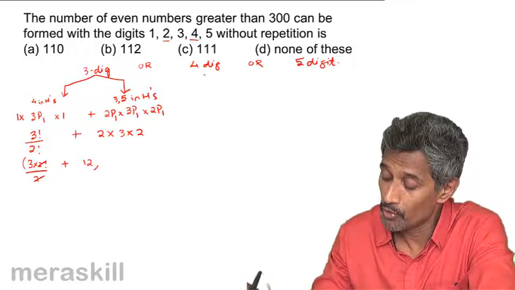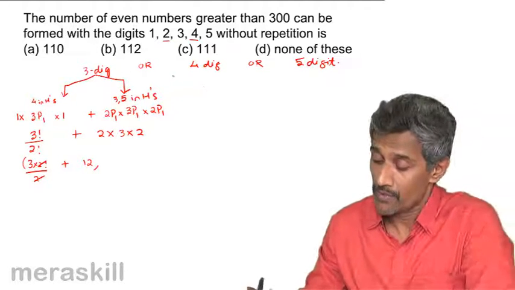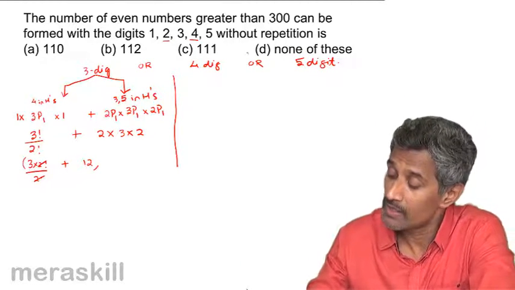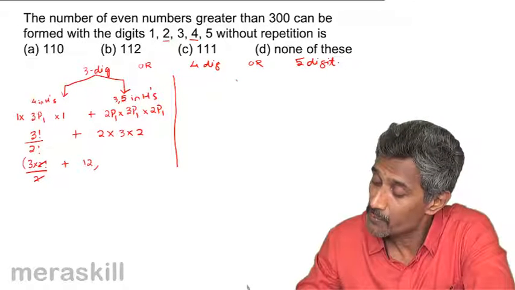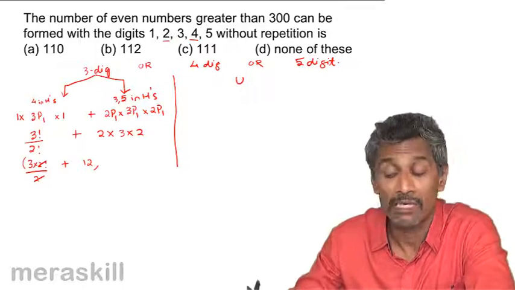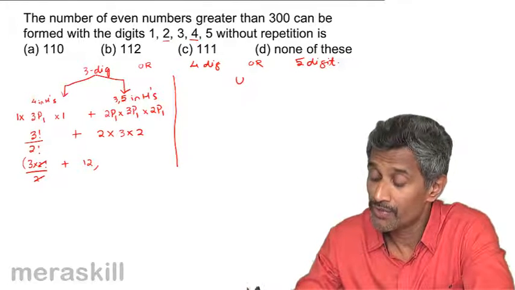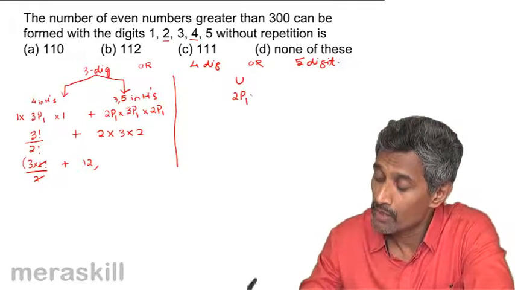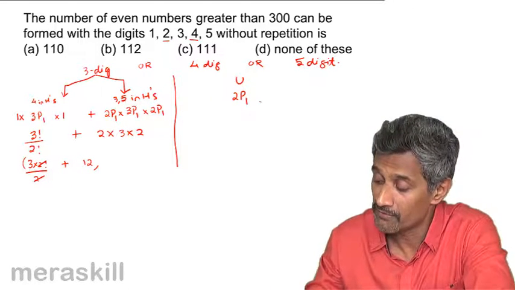Now coming to the 4-digit numbers. In the 4-digit numbers, all the numbers are greater than 300. So the units place could be chosen out of 2 or 4 in 2P1 ways.